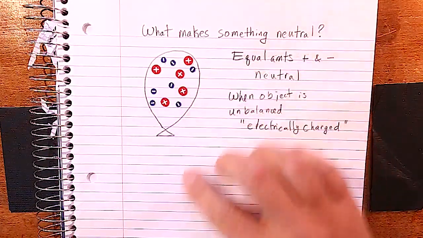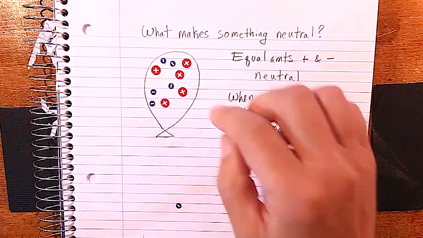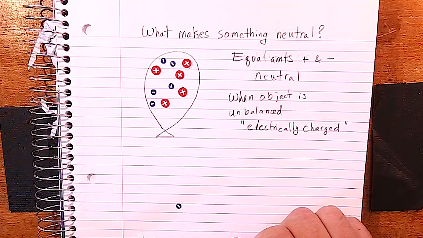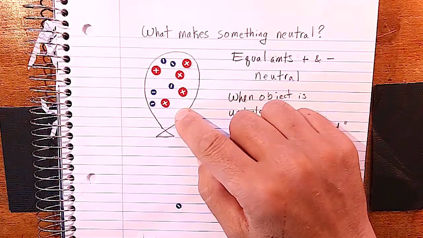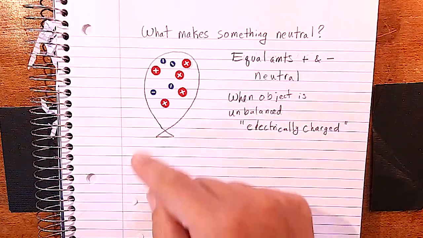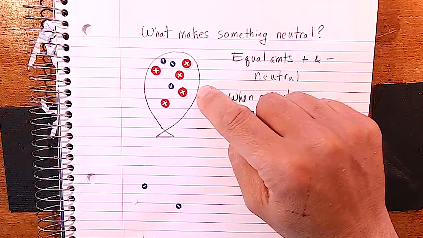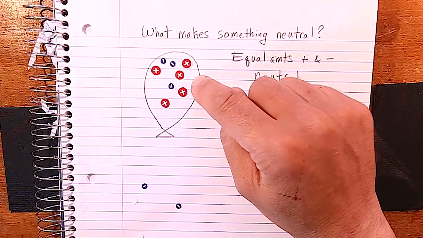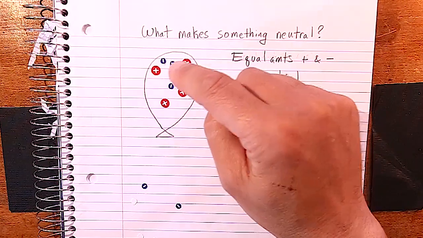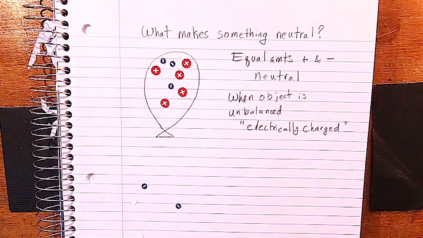But let's get rid of these 3 and make it go back to neutral. Is there a way that we could make this object positive? We added electrons, which gave it a net negative charge, but what if we remove electrons? In that case now, it's an unbalanced amount, so it's electrically charged, and it has more protons than electrons. Therefore, this balloon would be positive.